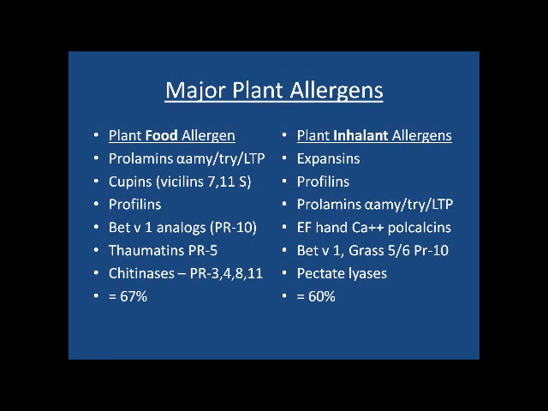The Bet v 1 analogs, which are PR10 proteins, are very prevalent. Thaumatins, PR5 proteins, very prevalent. And the chitinases, again, the PR3, 4, 8, 11 pathogenesis-related proteins. This accounts for 67% of all the plant food allergens.